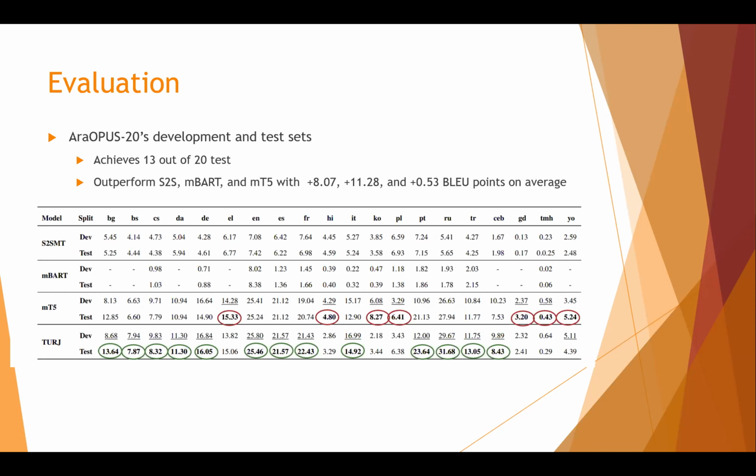Some of this data, like Gaelic, Tamil, and Yoruba, is very low resource and doesn't have enough data for training. Also, Korean is different. MT5 outperformed TURJUMAN by more than 5 BLEU points, because Korean also isn't in the AraT5 vocab, and it uses a different script from what we have.